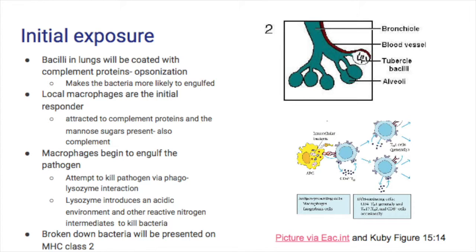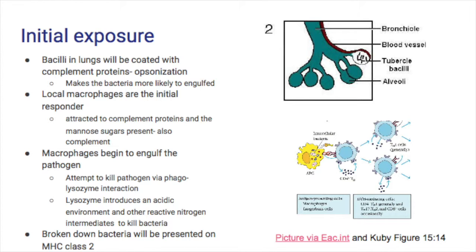So once that happens, once these bacteria are engulfed, they'll be brought into the macrophage within a vacuole. And hopefully, if the bacteria is not able to evade this process, the macrophage will induce an acidic environment and other reactive nitrogen intermediates to this bacteria by forming a phagolysosome.